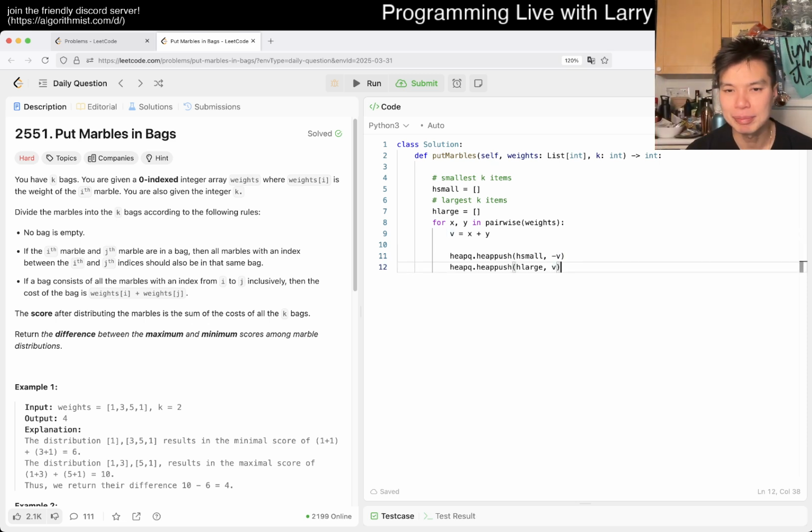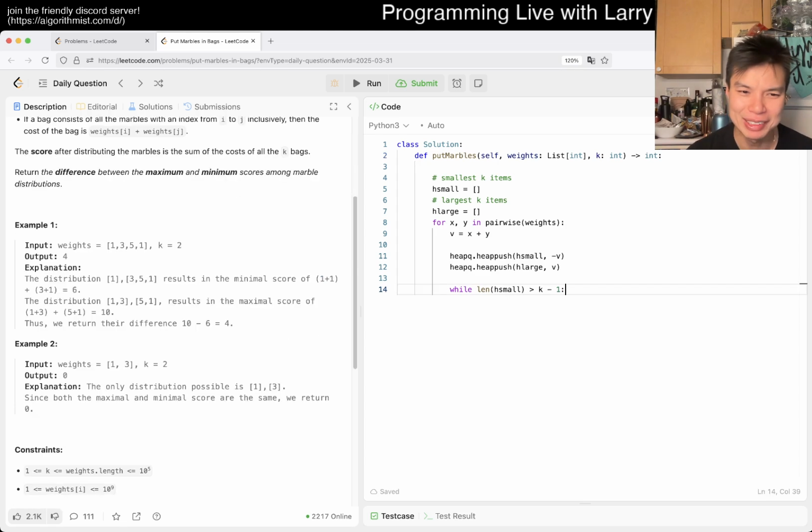And then maybe just a while length of h small is greater than k minus 1, right? Because you remember that k is the number of sections, but the number of cuts is k minus 1.